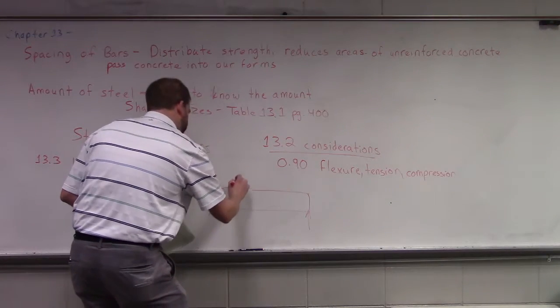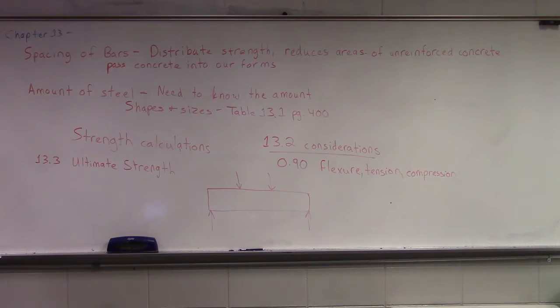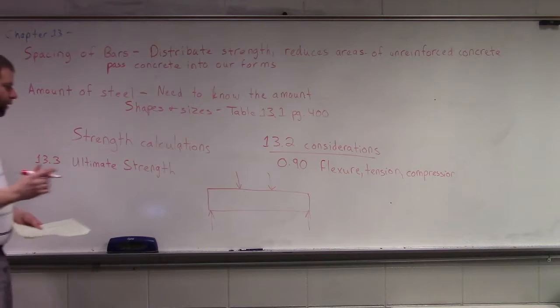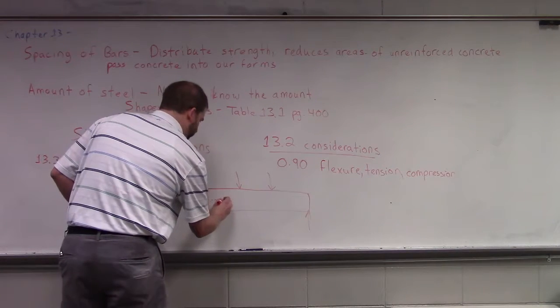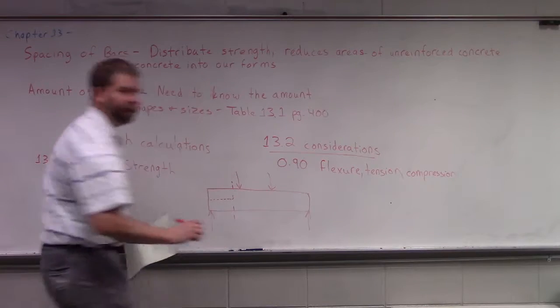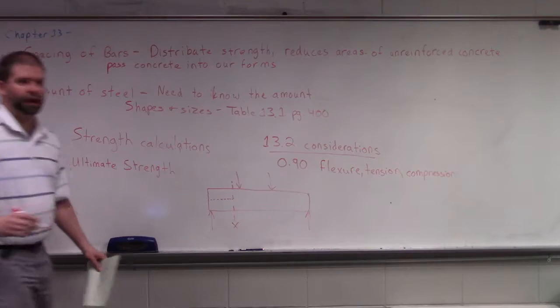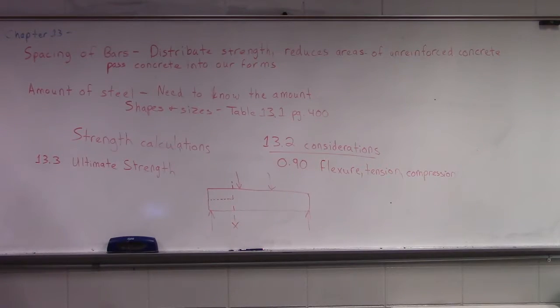We've got two reactions, and we have forces. They go a certain distance and cut that beam, and we'll call it X feet away. We're familiar with all of this up until this point.